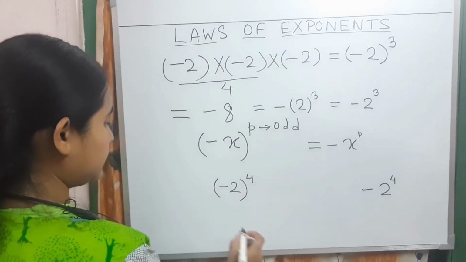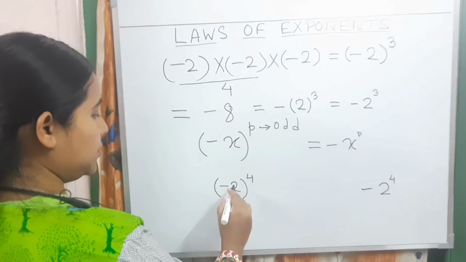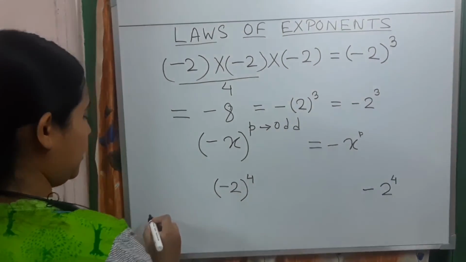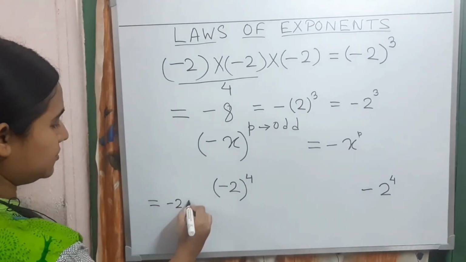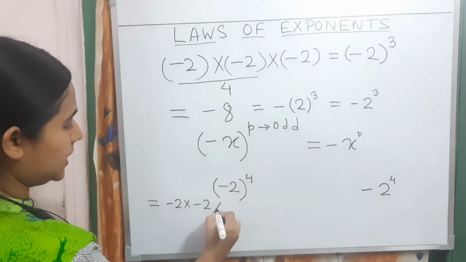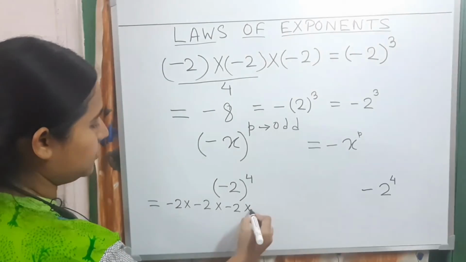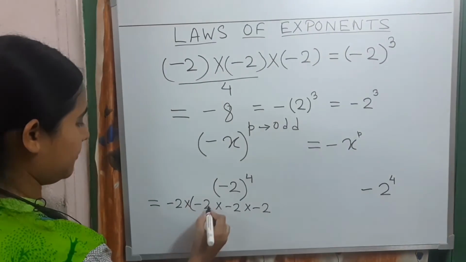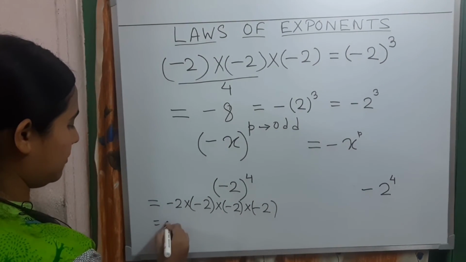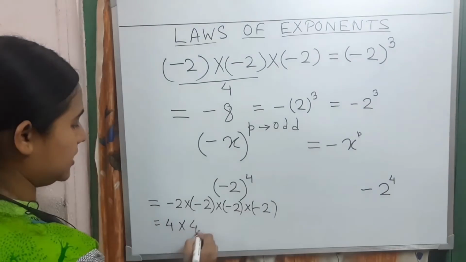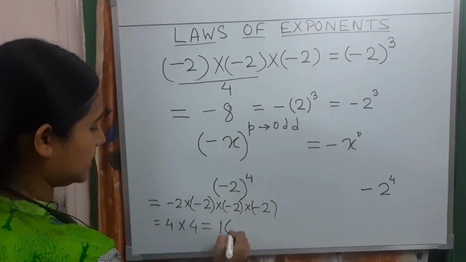Let's check. So minus 2 whole to the power 4 will become minus 2 into minus 2 into minus 2 into minus 2, so this will become 4 into 4 equals 16.